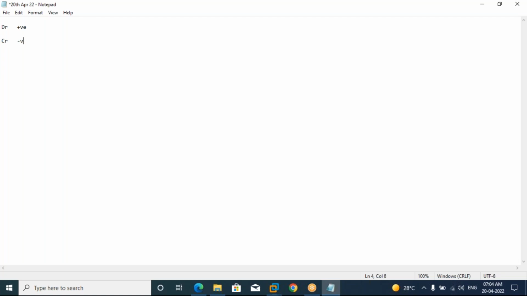And for these 4 transactions, what is going to be debited and what is going to be credited, if you are clear, you will do well in the Microsoft world or finance world.